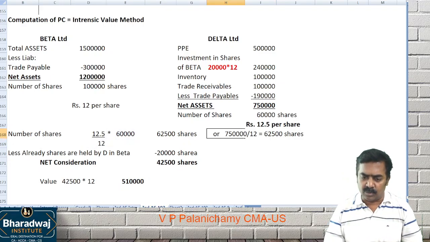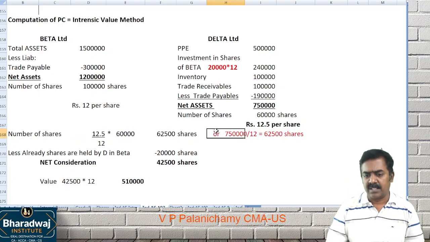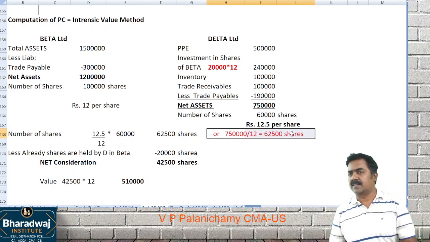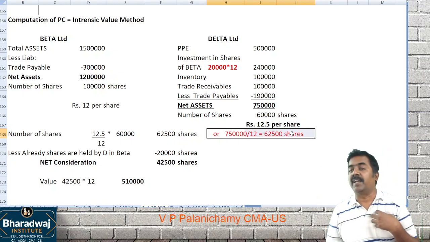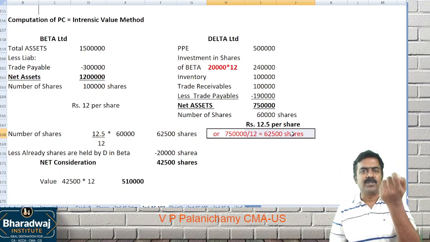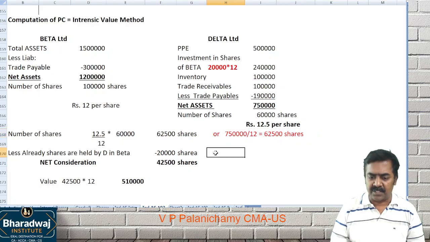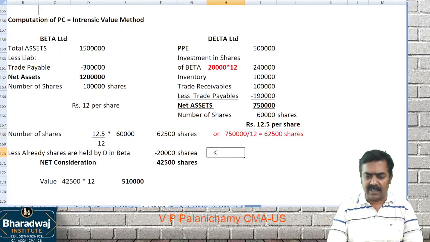Or if you want to go with a logical understanding, 7,50,000 is your net assets divided by my company's share value. I have to give you 7,50,000. If the value of one of my shares is 12 rupees, then 62,500 shares you have to give, less what you already hold. 20,000 shares you are holding already.